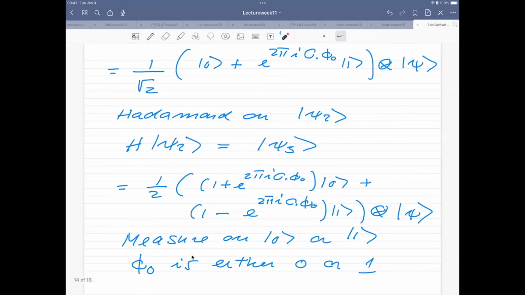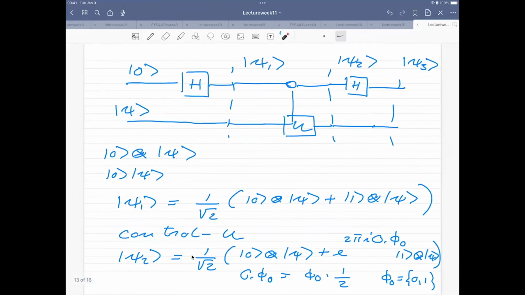And when you have separated it out, you can perform a new Hadamard if you want to, and when you make measurements, you project out either 0 or 1. And then by the inverse Fourier transform, you can extract phi0, which is the one you want to have.